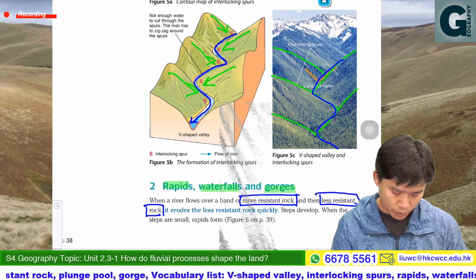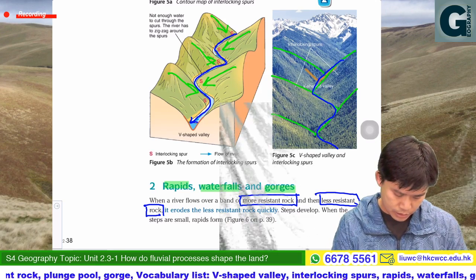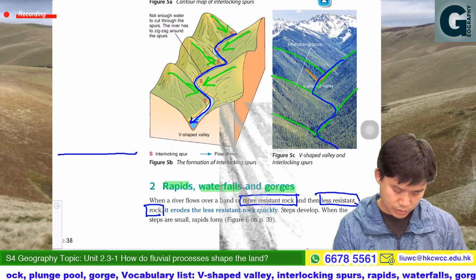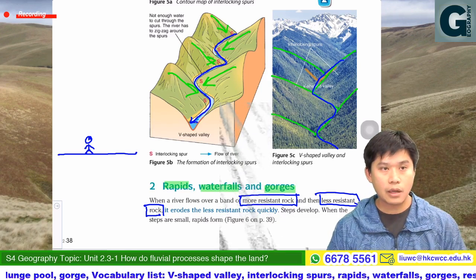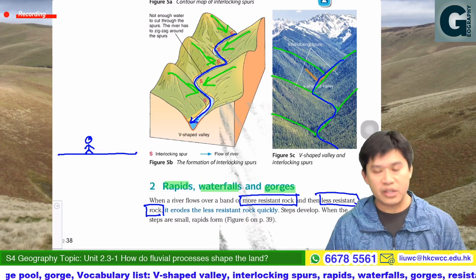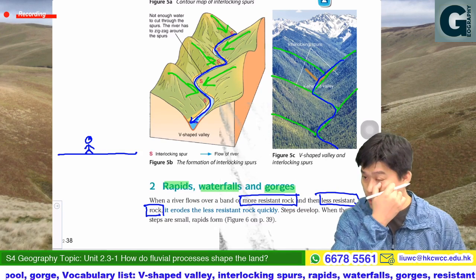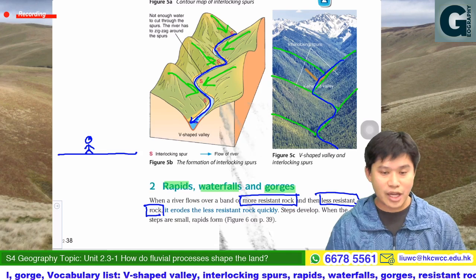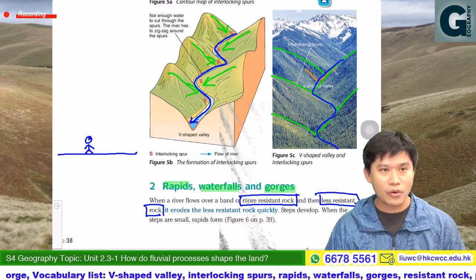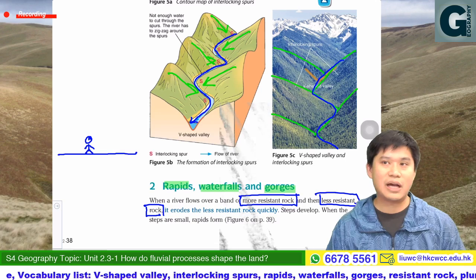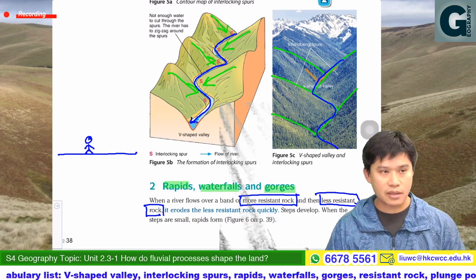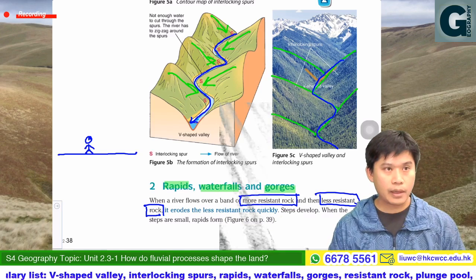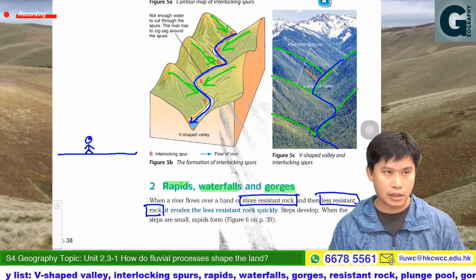For example, imagine that this is the surface, and we stand on the surface like this. Honestly, if you stand on the ground, you may not know the rock type under the earth, but in fact there could be different types of rocks underground.